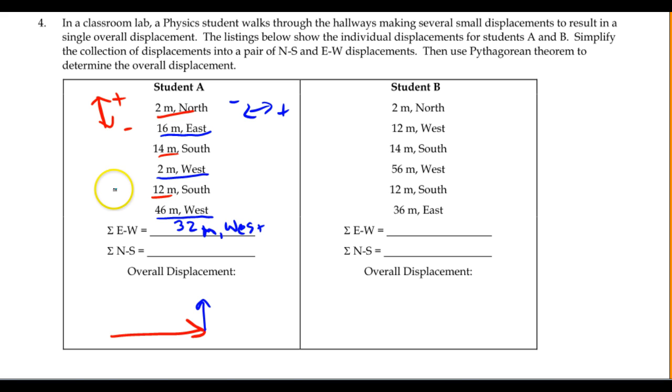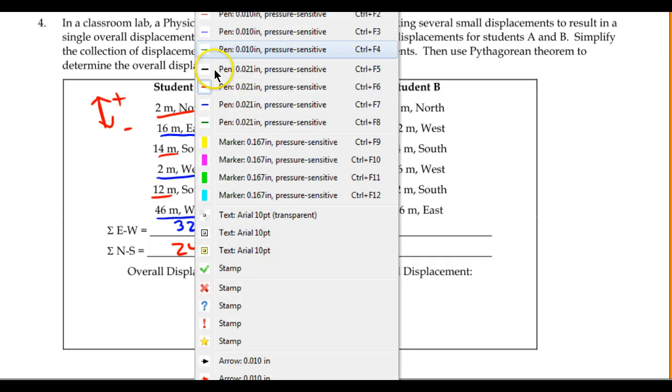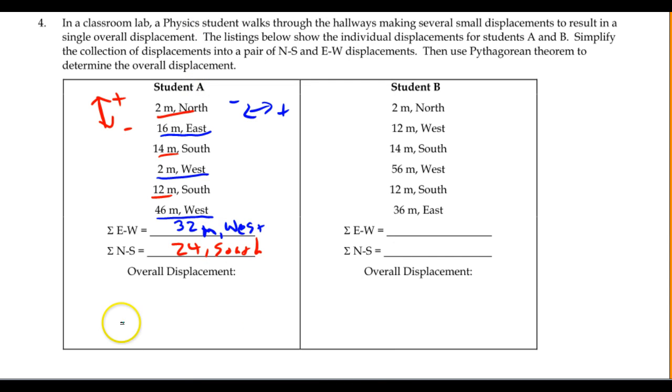And I get negative 24, which means 24 to the south. Now let's get rid of my original drawing for my example, and now what we have is to the south we're down 24, and then to the west we're over 32. So 32 meters and 24 meters.